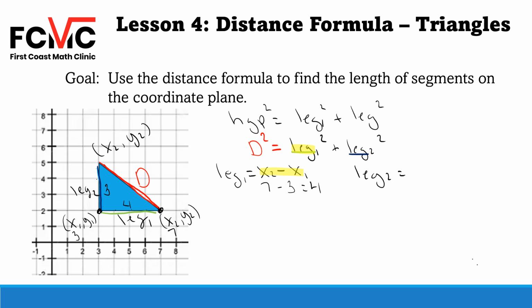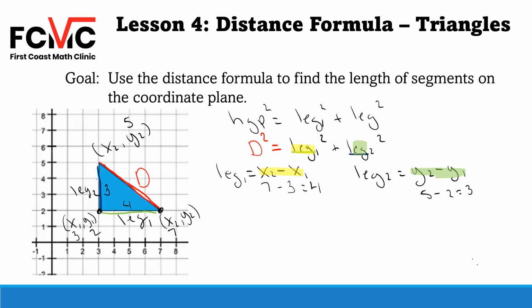So this is going to be y2 minus y1. And if we want to check that, well, what's our y value here? The y value here for y2 is 5. y1 here is 2. If we do 5 minus 2, we're going to get 3. So we're going to use this expression for leg 2.